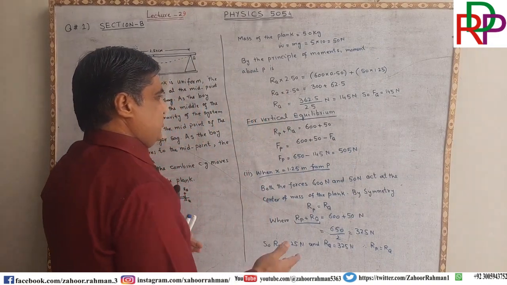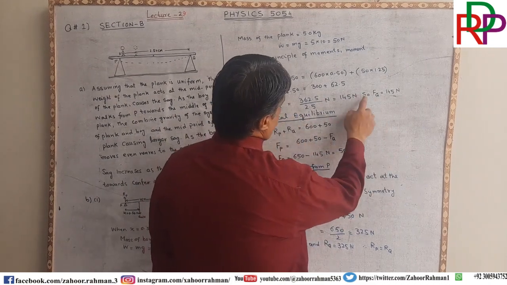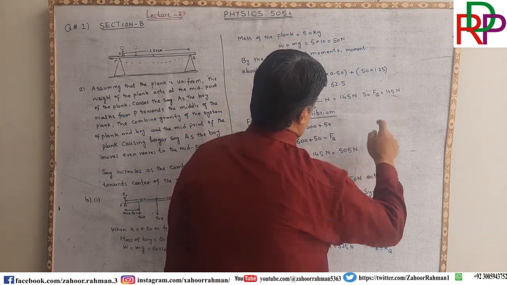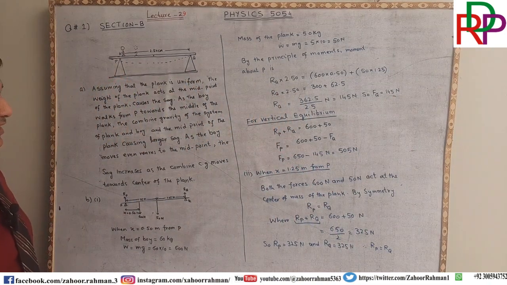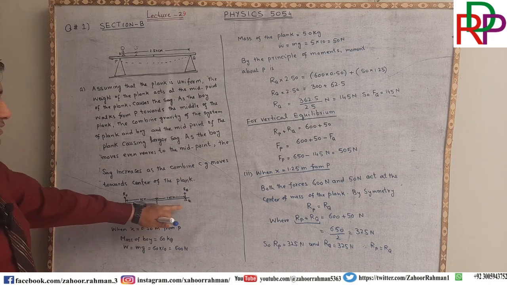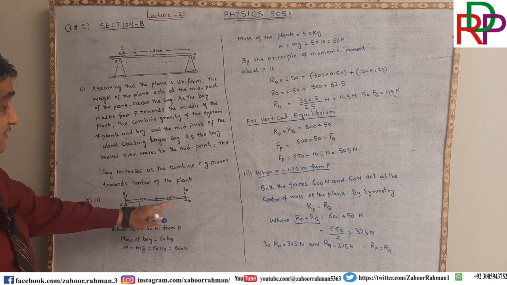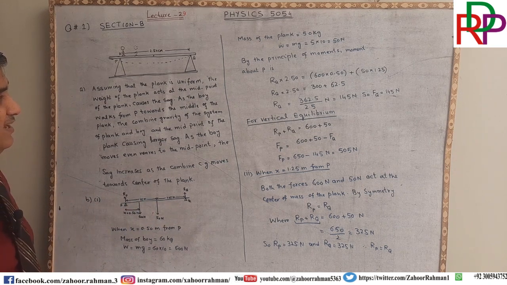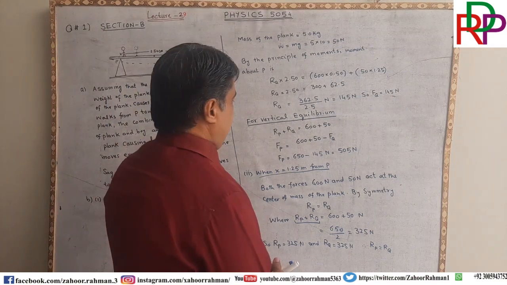Because this RQ is a reactive force, we can write this RQ as FQ as well. So that will become 145 Newton. Okay, we found this trestle's force, but we have to find this one as well because it is asked in the question that both the forces you should find.